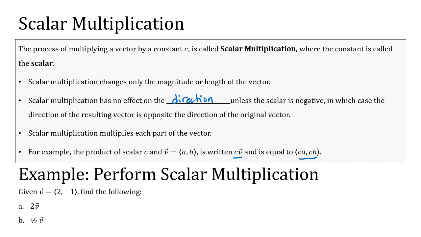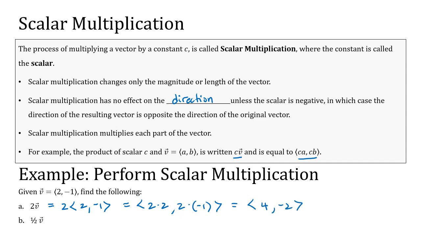So 2 times vector v is equal to 2 times each piece of vector v. That means we're going to have 2 times 2, comma, 2 times negative 1, which is equal to the new position vector of 4, comma, negative 2.